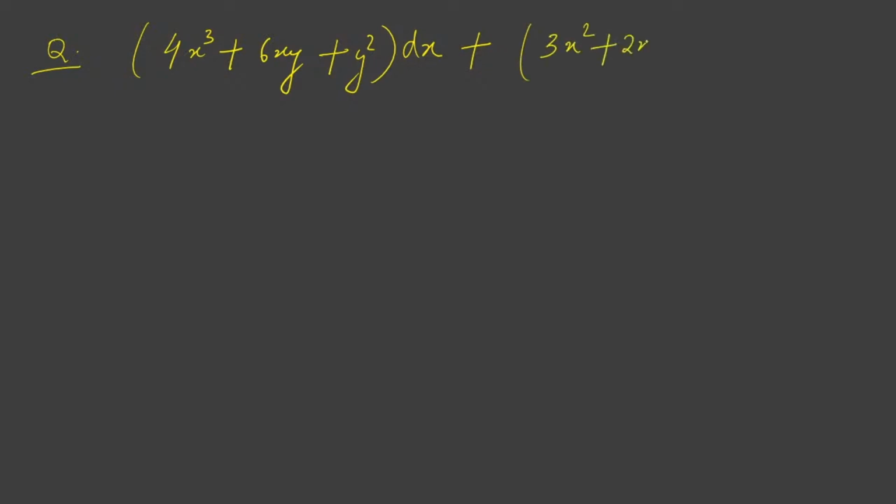So here is a question: 4x cube plus 6xy plus y square dx plus 3x square plus 2xy plus 2 dy is equal to 0.